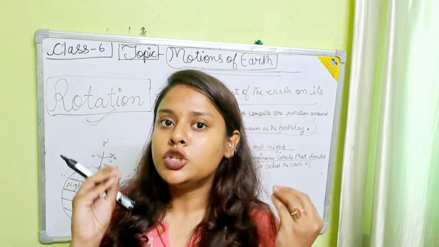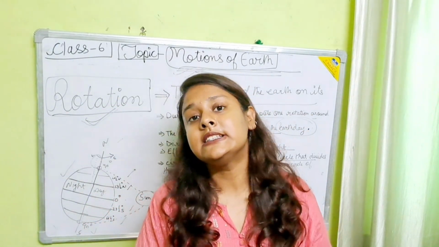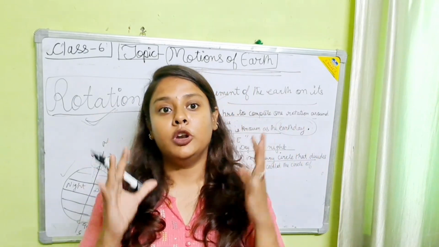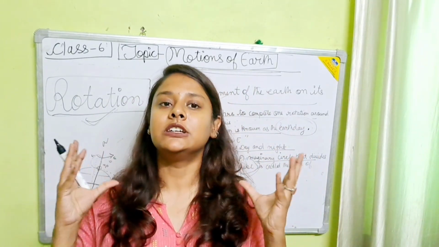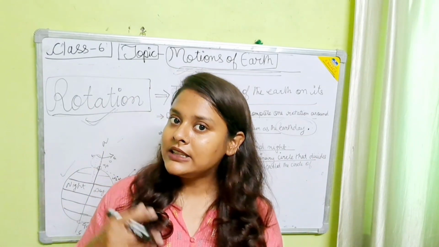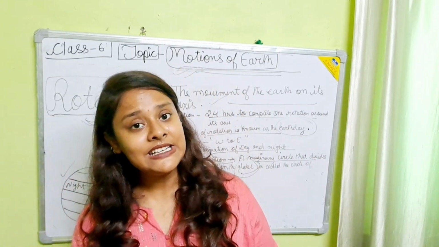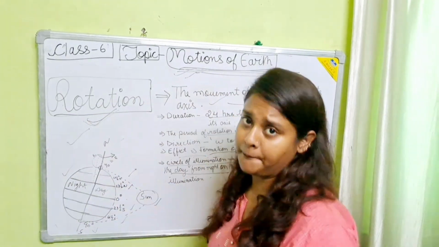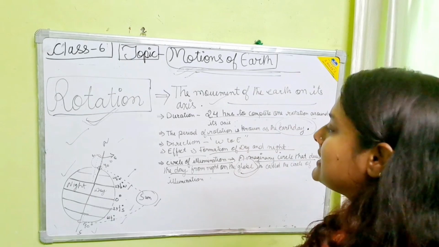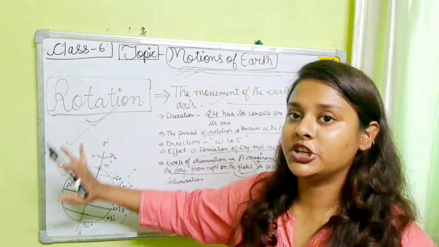If the Earth stops rotating on its axis, then life would not be possible on the Earth. Life is only possible because it is rotating, which results in the formation of day and night. That's why rotation is important. I hope it is clear now what rotation is.